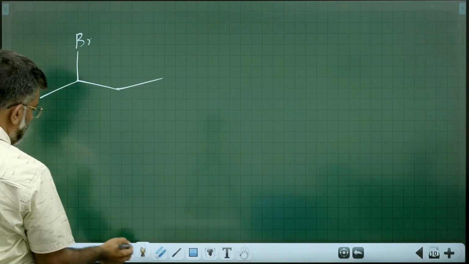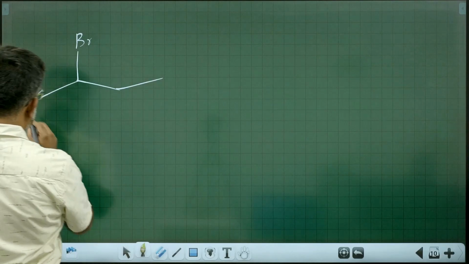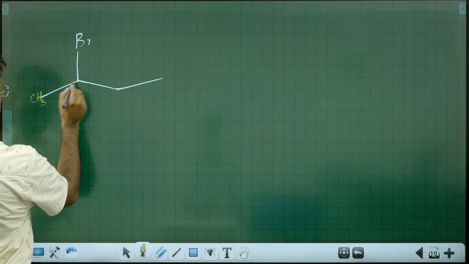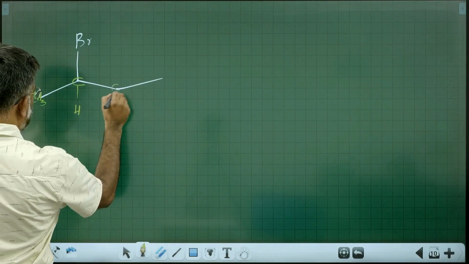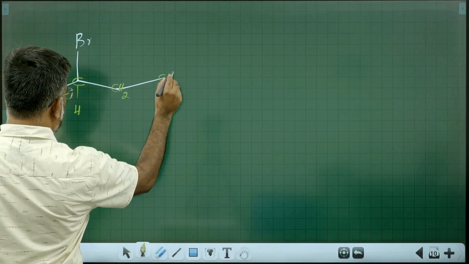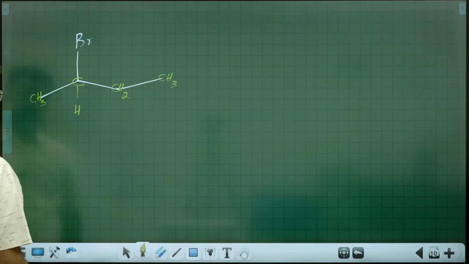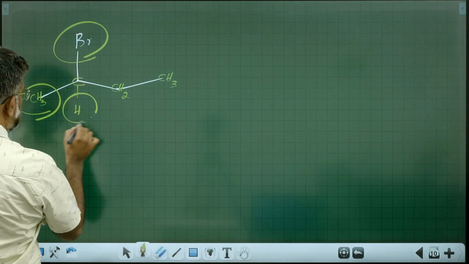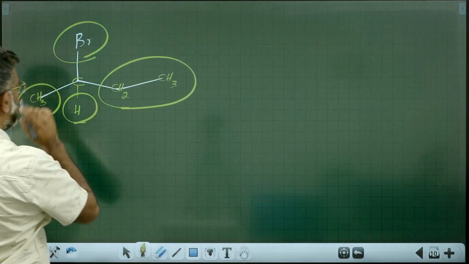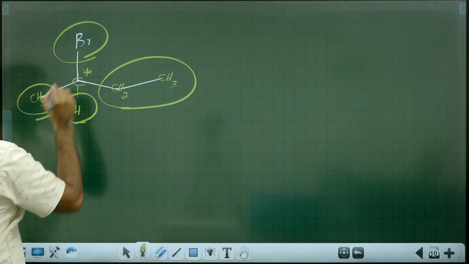As you can understand, this is CH3, this is carbon with the bromine and there is one hydrogen. This is CH2 and CH3. You see that this is A, this is B, this is C and this is D, a system of A, B, C, D. This is chiral in nature.